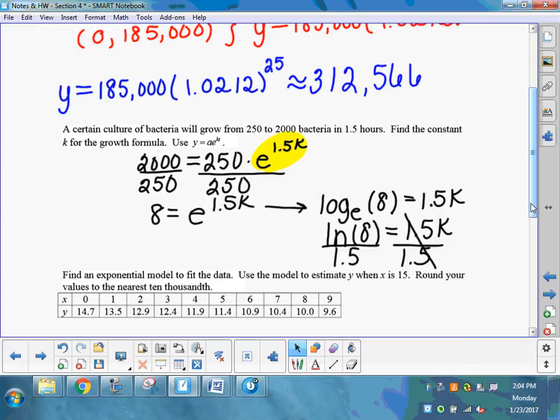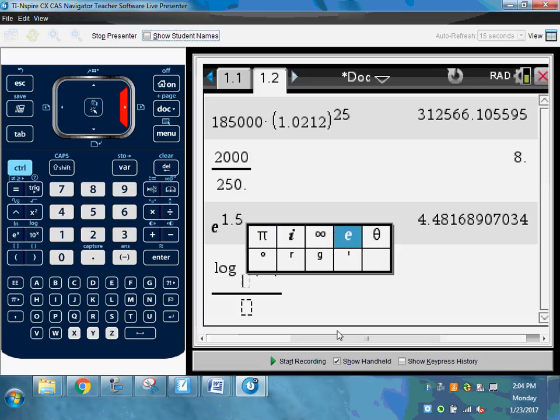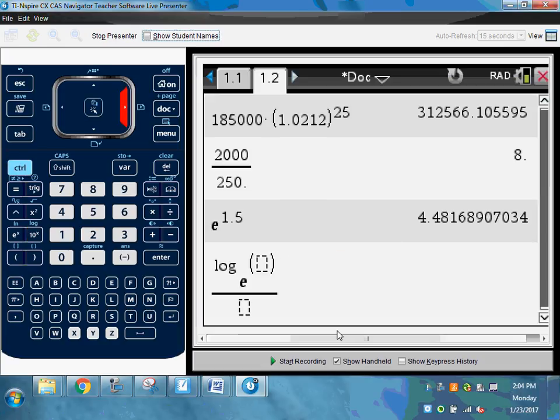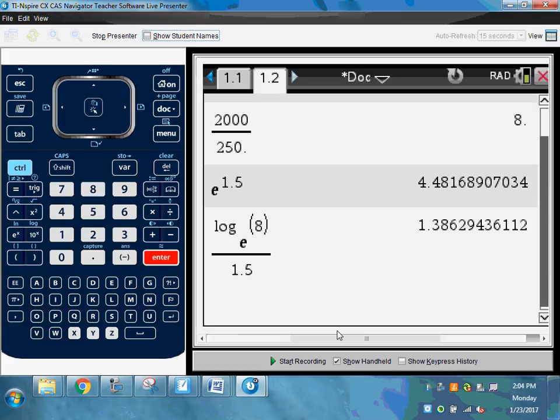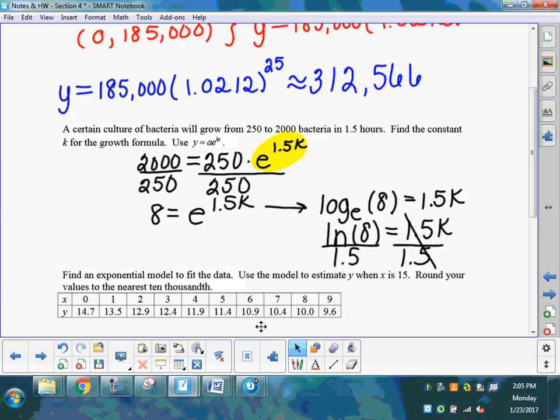So let's go into our calculators, do control division, type in. You could do log base e or natural log. Doesn't matter. They're going to give you the same answer. Whatever you're most comfortable with, of 8, and then divide by 1.5, is that right? Press enter. Now, what is the k value? Does it say how far to round? No. Teresa, how many spots? 5.